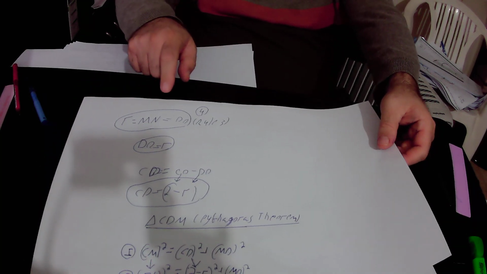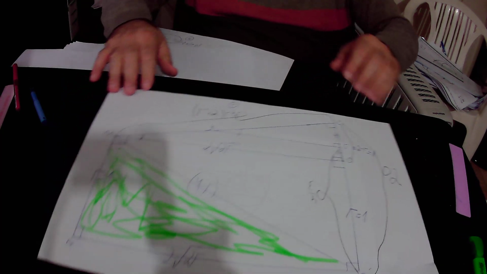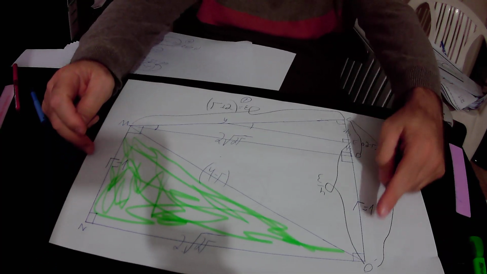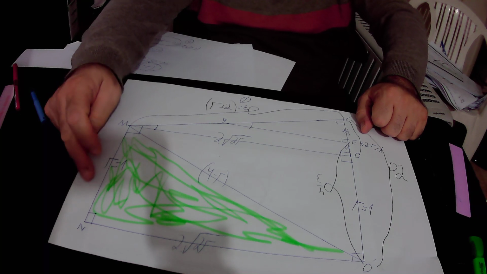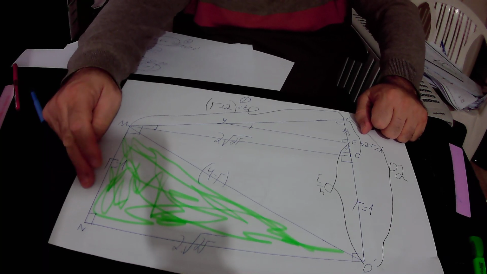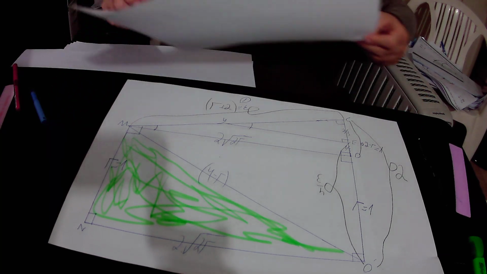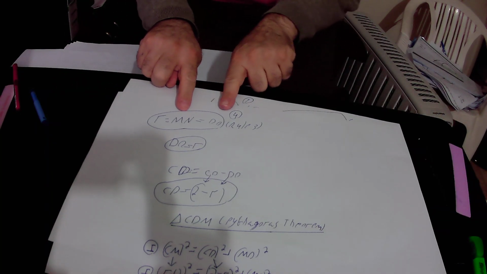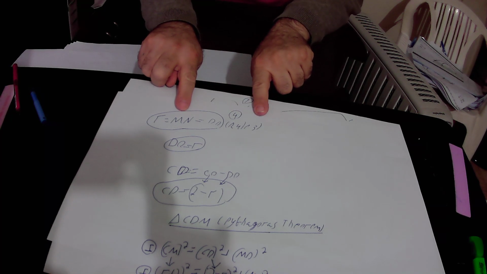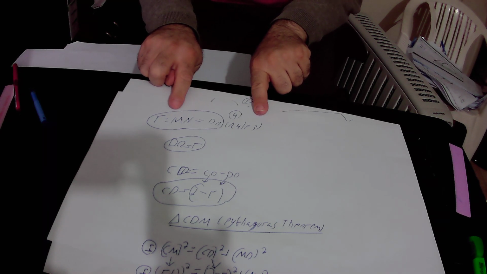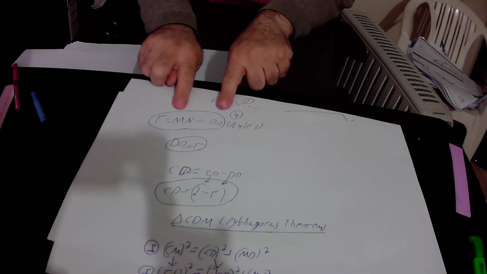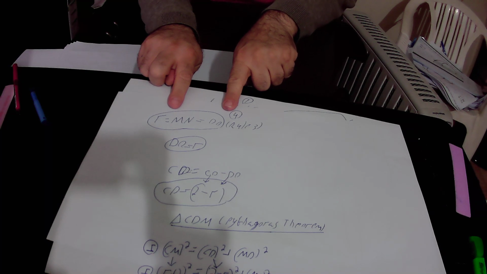According to rule number 3, MN equals DO, and we know that MN is the radius of the small circle, it equals R. So MN equals R, we know it from the drawing. So from this equality we conclude that DO also equals R.